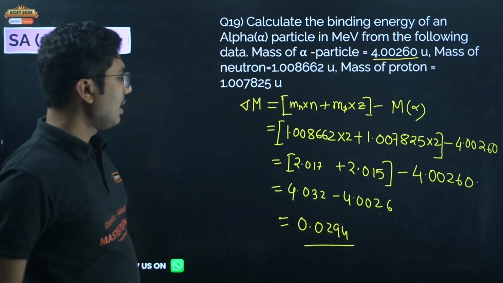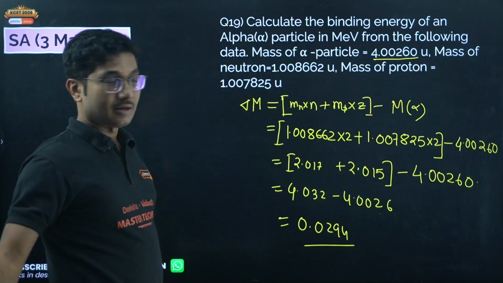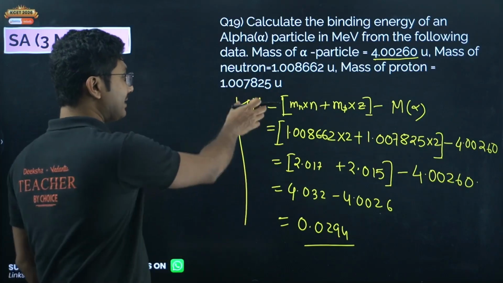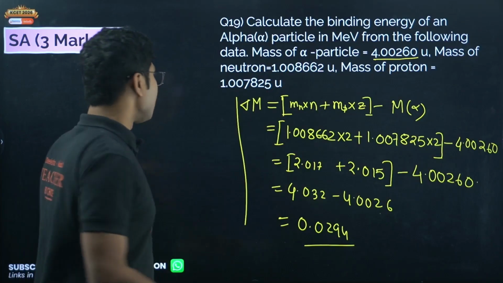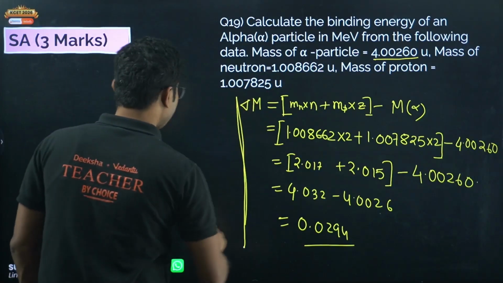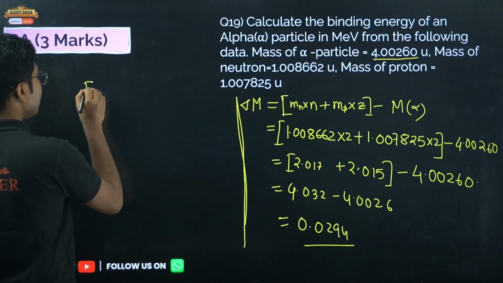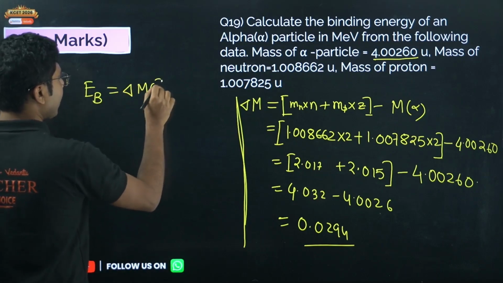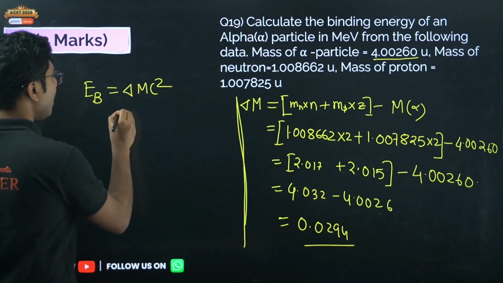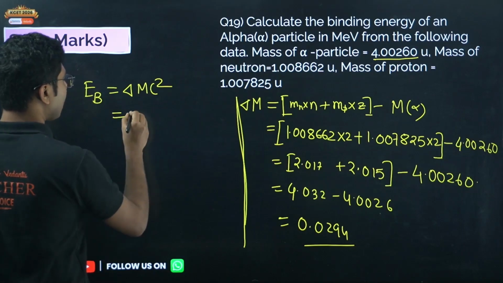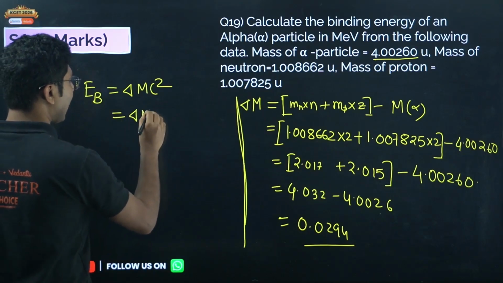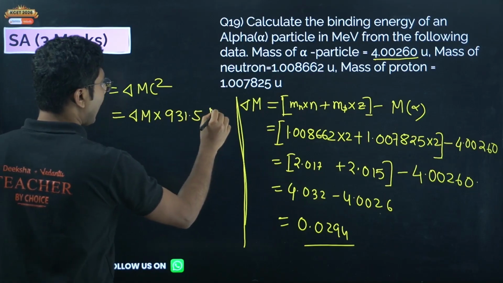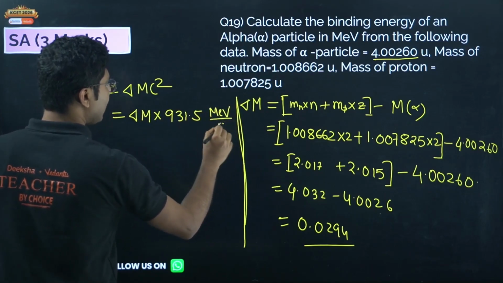Approximately, this will be the mass defect. The corresponding binding energy is given by delta m c square, but we will not use this method. We will convert directly by delta m into 931.5 MeV by c square.